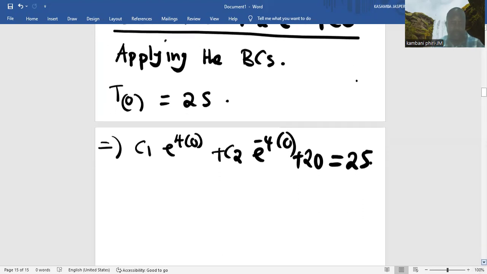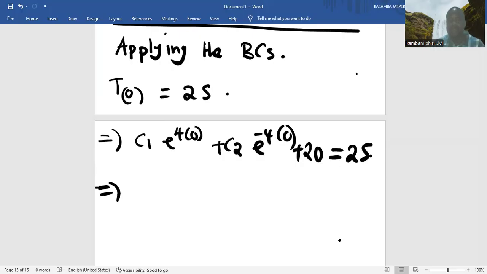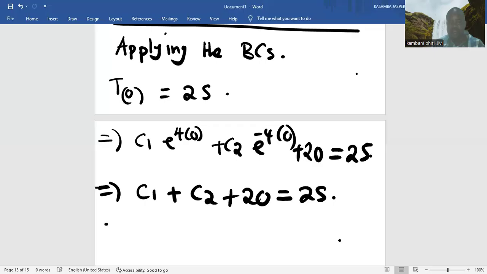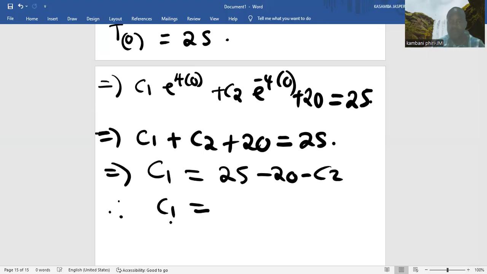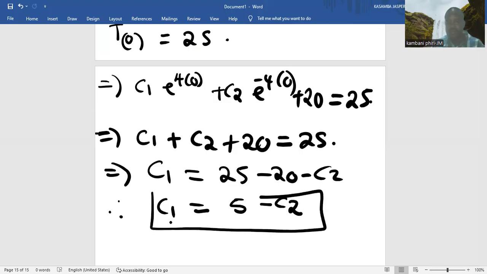So we'll have C1 plus C2 plus 20 is equal to 25. We can express C1 in terms of C2: C1 is equal to 25 minus 20 minus C2. Therefore, C1 is 5 minus C2.